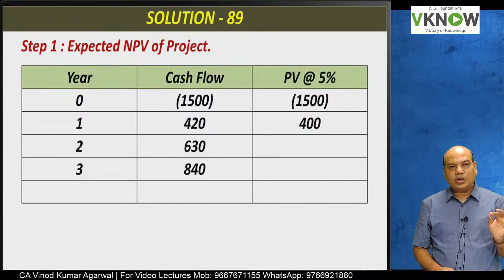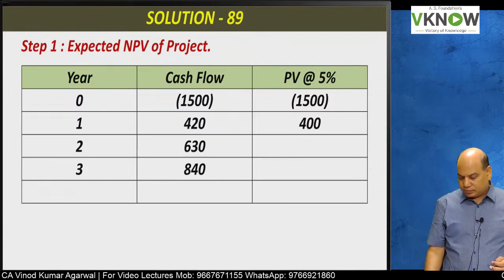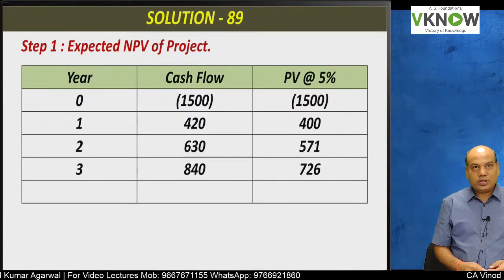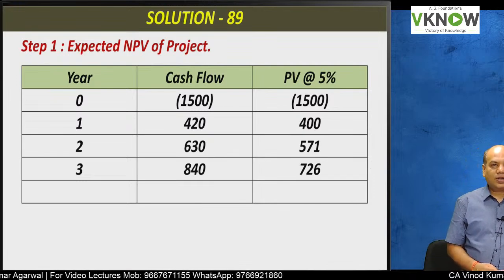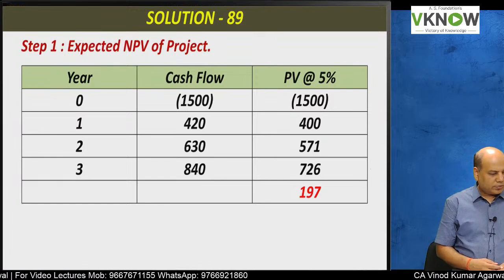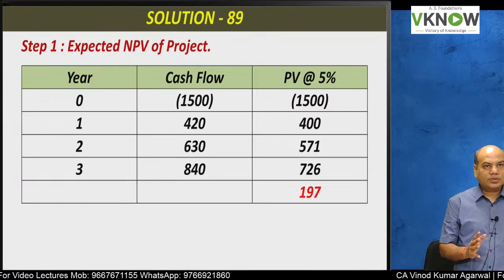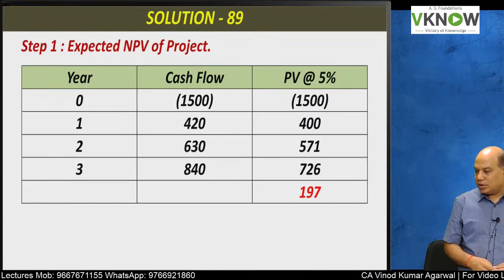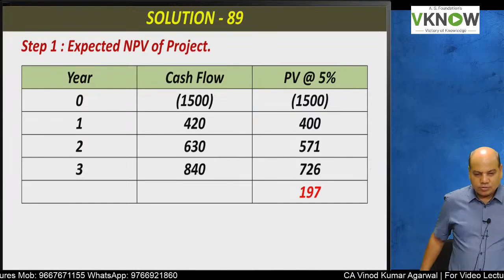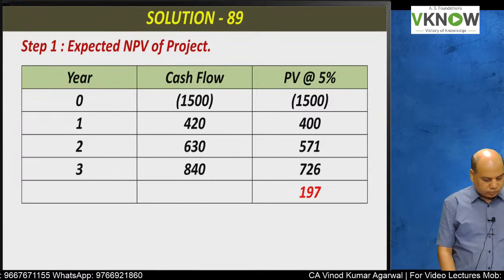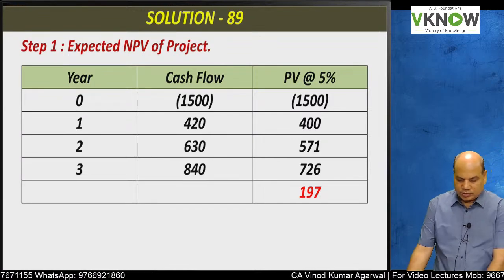Take 420 divide by 1.05, 400, 571, 726. I am rounding off the numbers. You can write all digits if you want. Total is 197.